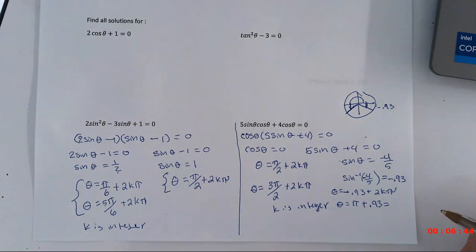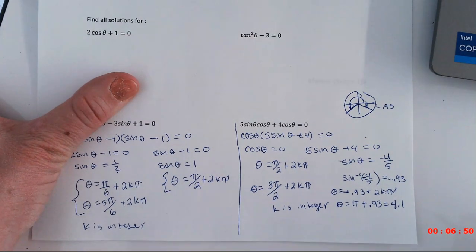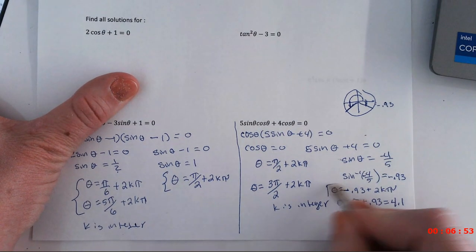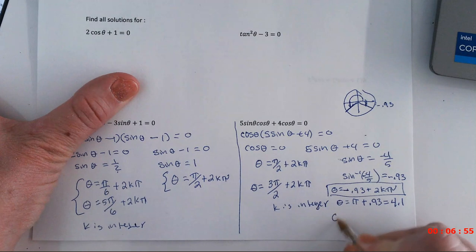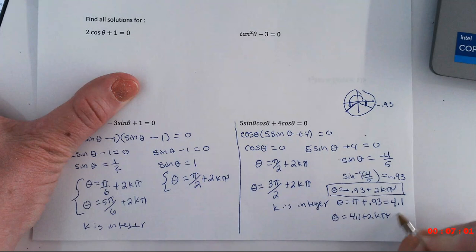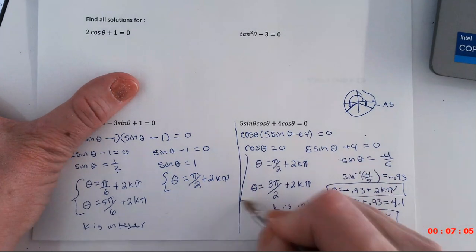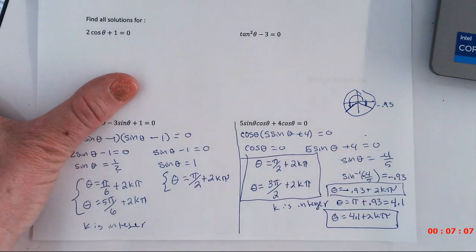And that gives me my other solution, which works out to be approximately 4.1. So that was one set, and another set would be 4.1 plus 2k pi, because of course we can keep going around the circle to get a set of solutions. So I have 4 different sets that are all solutions to that equation.